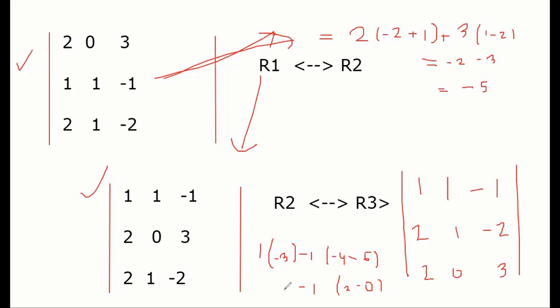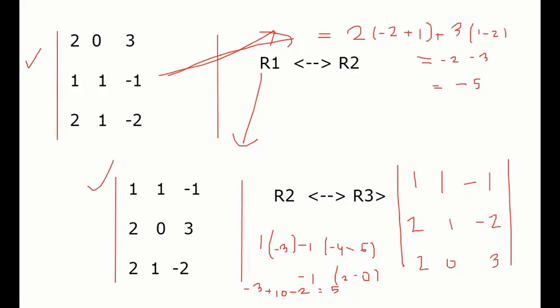So minus 3, minus 4 and minus 6 makes plus 10, and 2 minus 2. Minus 3 minus 2, 10 plus 5. Right? Look, you know what I'm doing? I'm just evaluating the determinant: 1 into its cofactor minus 3, minus 1 into its cofactor, and then minus 1 into its cofactor. So the value is 5. Look what happened. Here the value was minus 5. The value remains the same, only the sign changes, right?